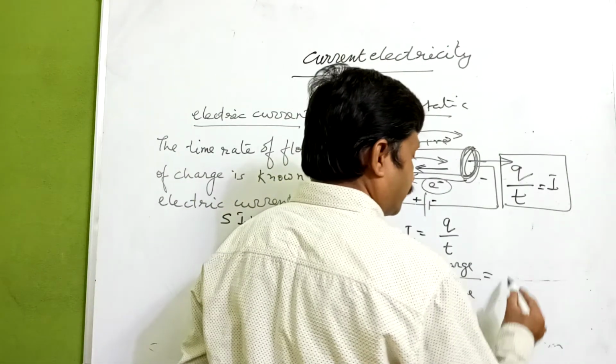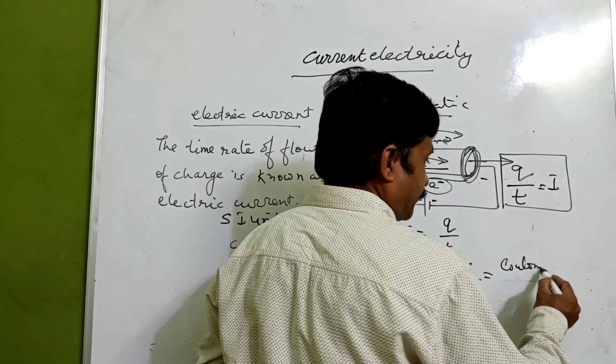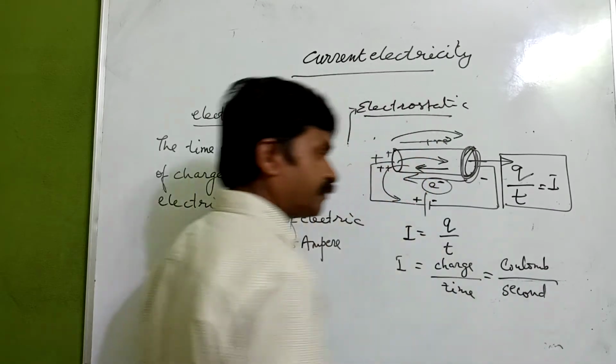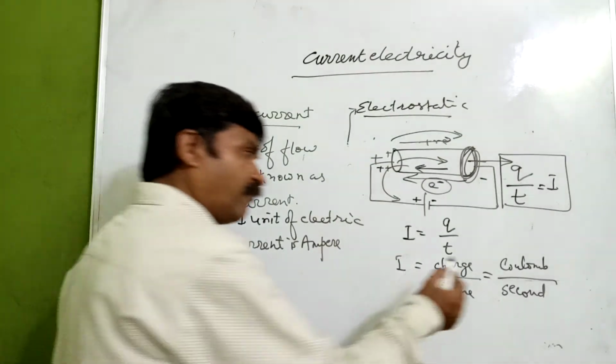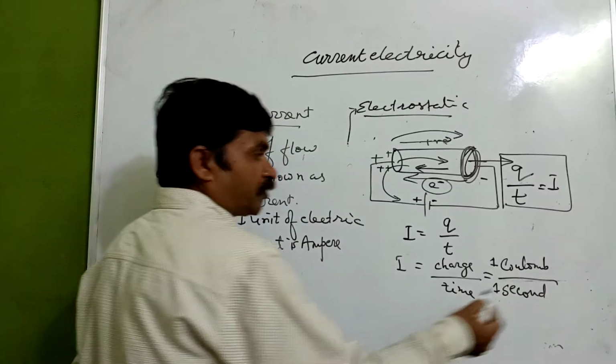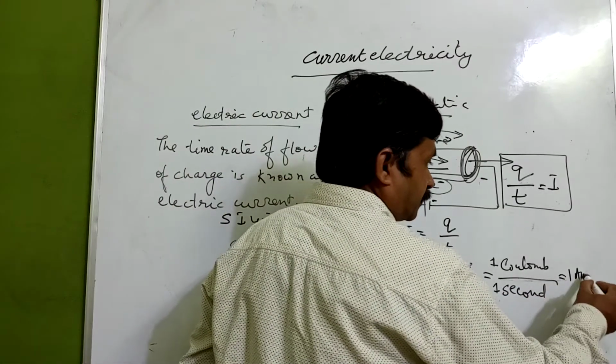Now the SI unit of charge is coulomb, and the unit of time is second. So if 1 coulomb of charge is flowing in 1 second, then it is going to be 1 ampere.